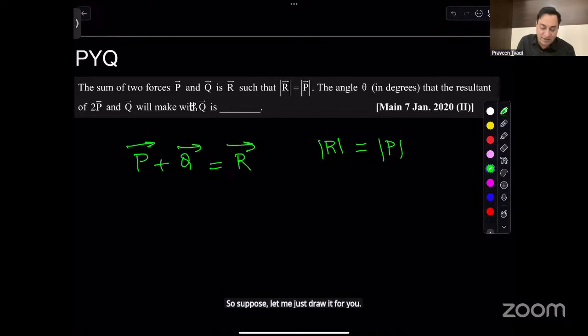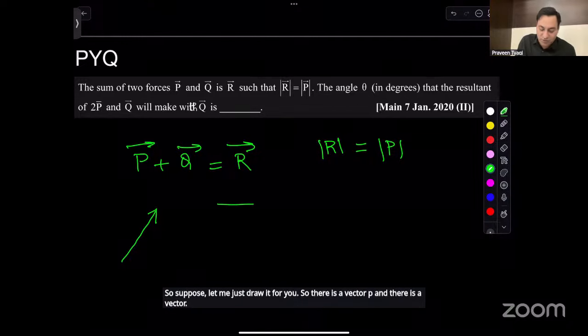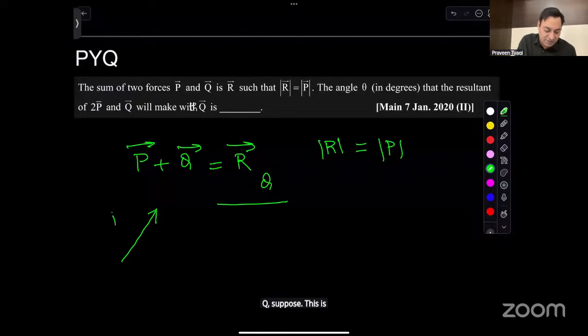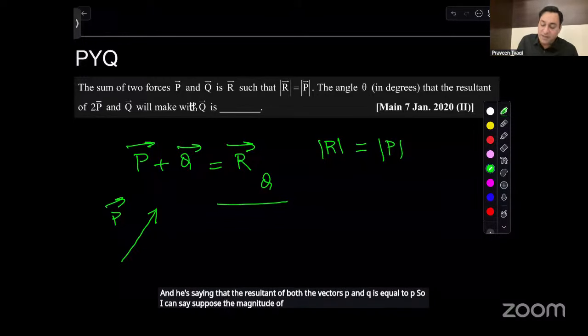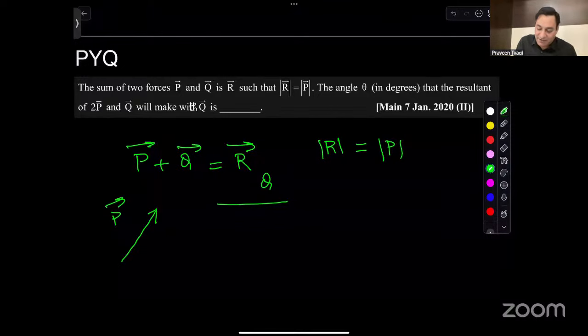There is a vector P and there is a vector Q. Suppose this is vector Q, this is vector P, and he's saying that the resultant of both vectors P and Q is equal to P. Suppose the magnitude of Q is Q. If I have a triangle, I can say for sure that two sides are the same.